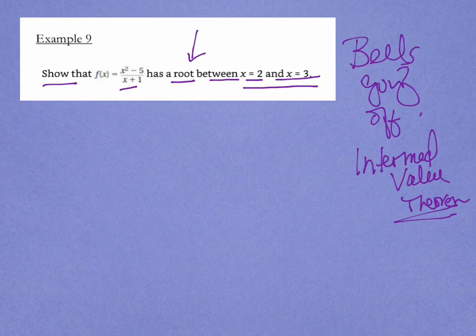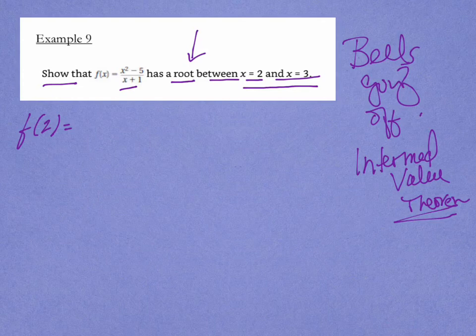So at the very beginning, you start and you go, okay, f of 2 is equal to, and you pray one is positive and one is negative. If you don't get one positive and one negative, you can't show it using the intermediate value theorem. So I don't know why they would ask you that if it didn't work.